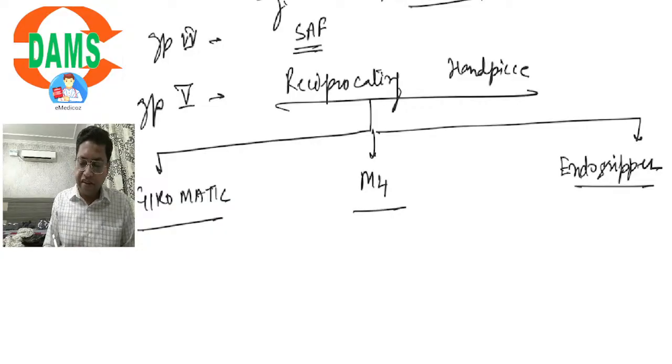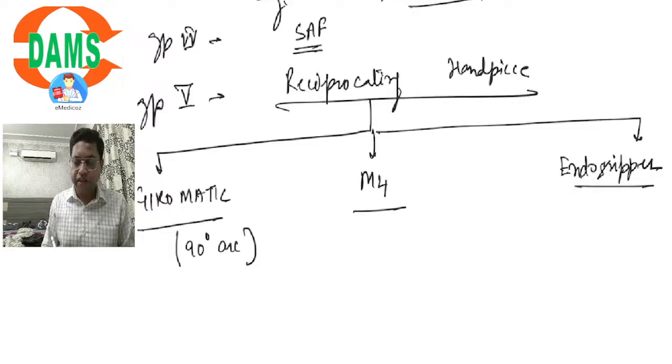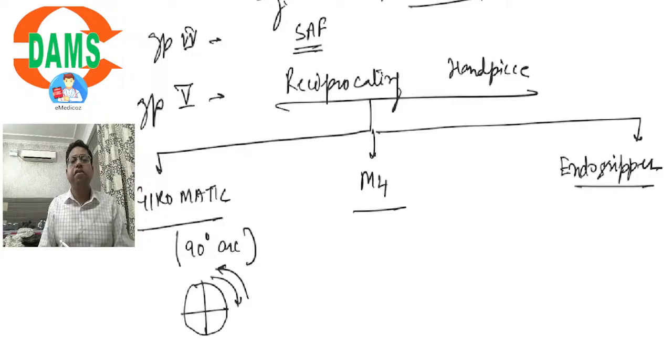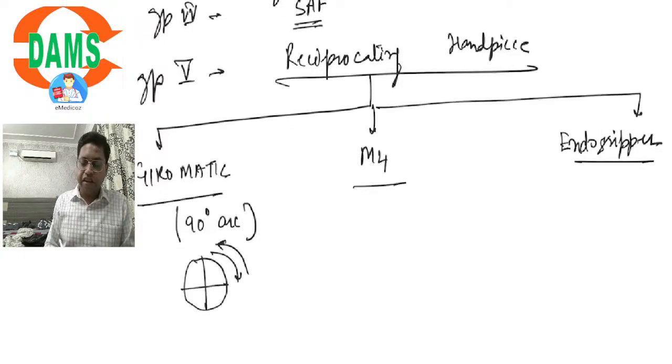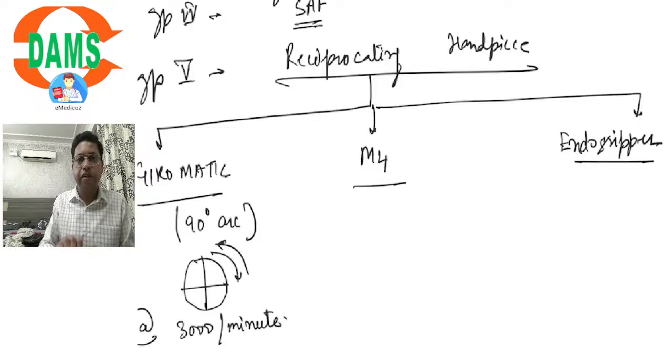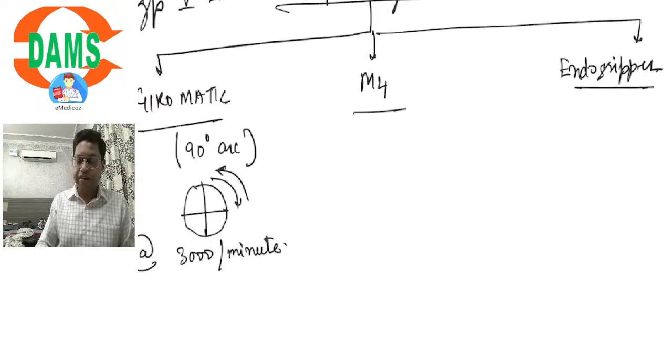Gyromatic has a 90 degrees arc of reciprocation. 90 degrees means if we divide it into cross section, it would move clockwise and counterclockwise in a 90-degree arc, and usually it does so at the rate of 3000 per minute.